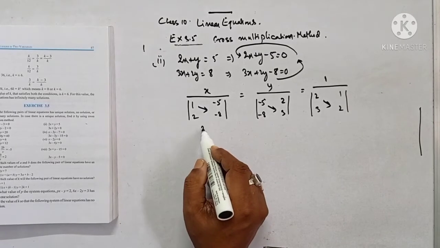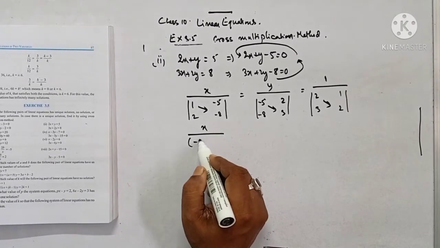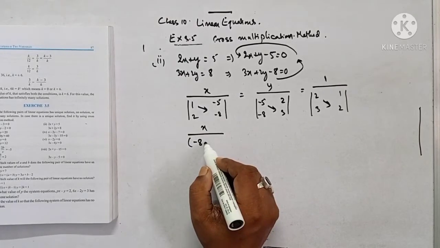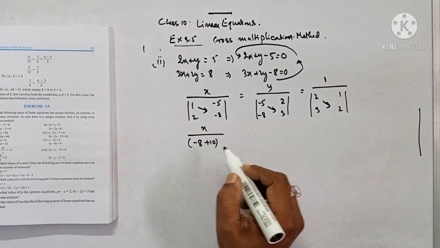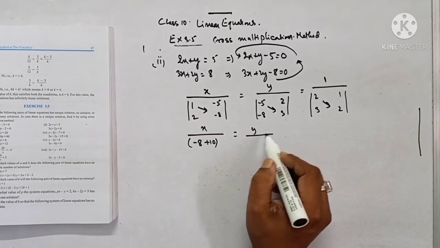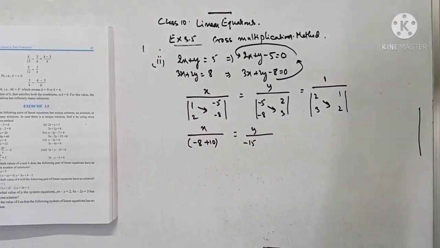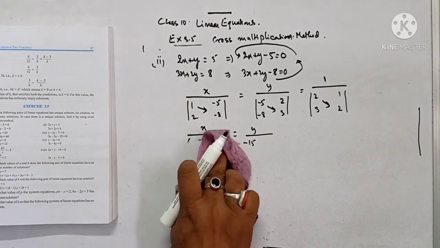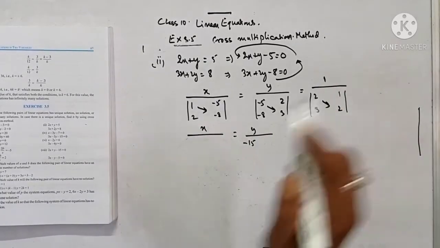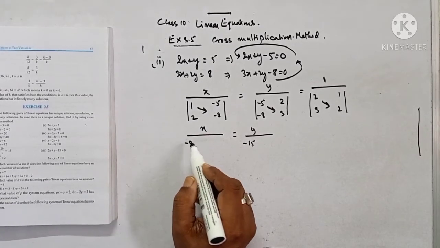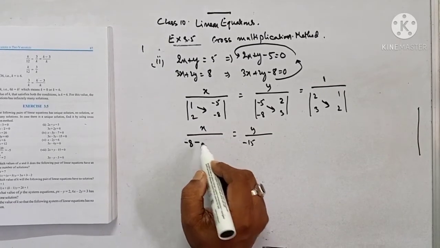So x by minus 8 minus 10, minus 10, that is plus 10, y by minus 15. I have to tell one thing, first of all you have to multiply this. 1 into minus 8 is minus 8, and then minus sign is there.